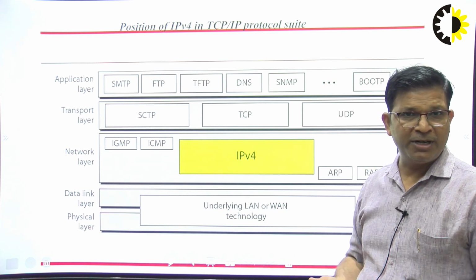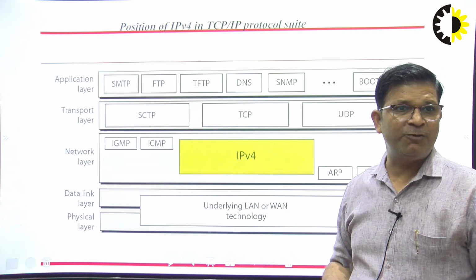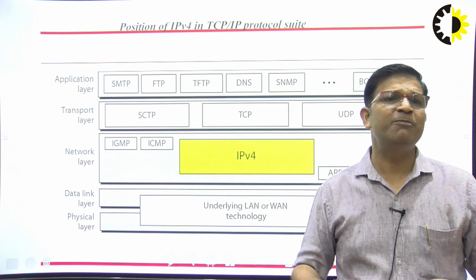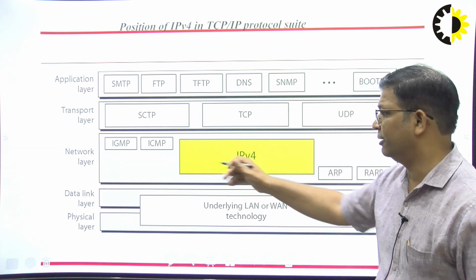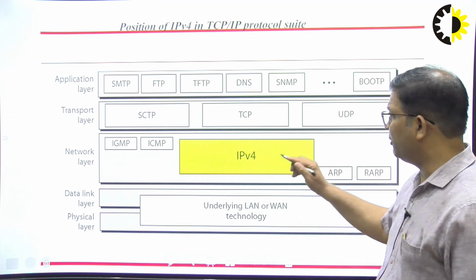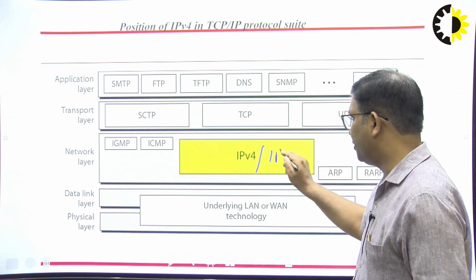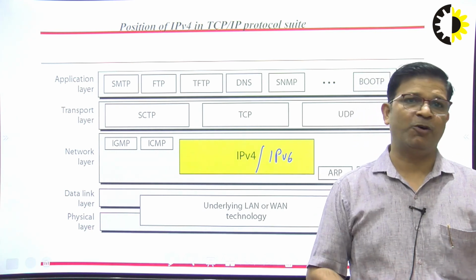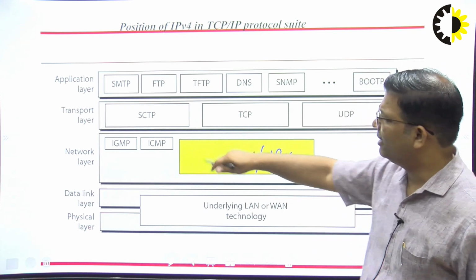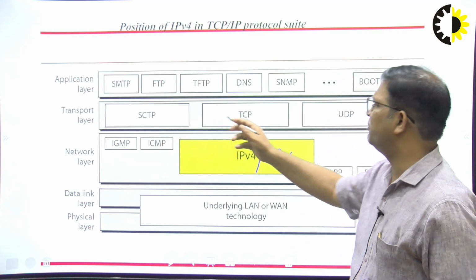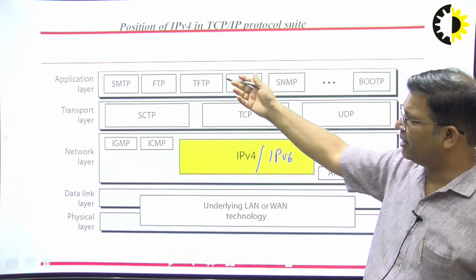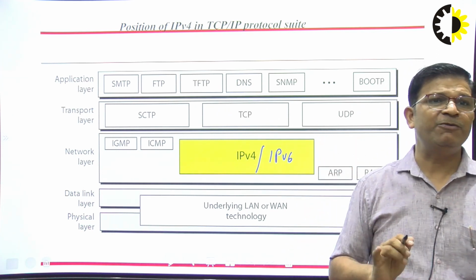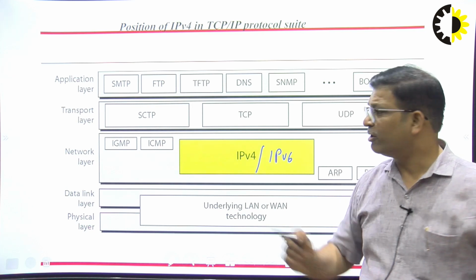IPv4 is a 32-bit address, while IPv6 is a 128-bit address. ARP, RARP, BOOTP and many more protocols exist at this layer. So we will discuss the IPv4 and IPv6 datagram format here. The next layer is the transport layer, where SCTP, TCP, UDP exist, and the other layer is the application layer, where different protocols are there. We are discussing IPv4 and IPv6, which exist at the network layer.